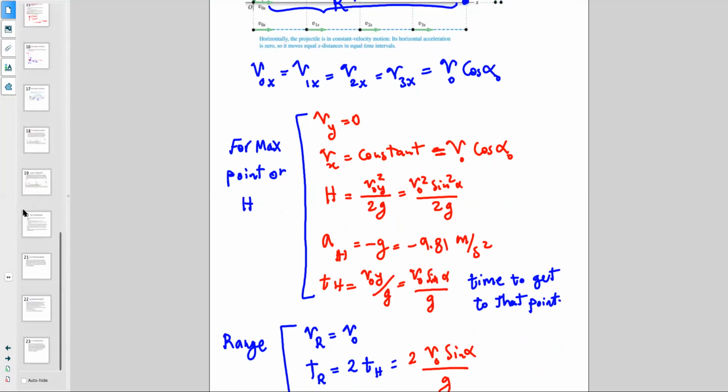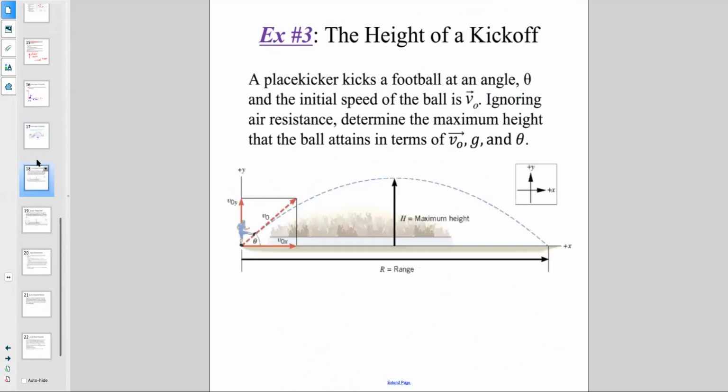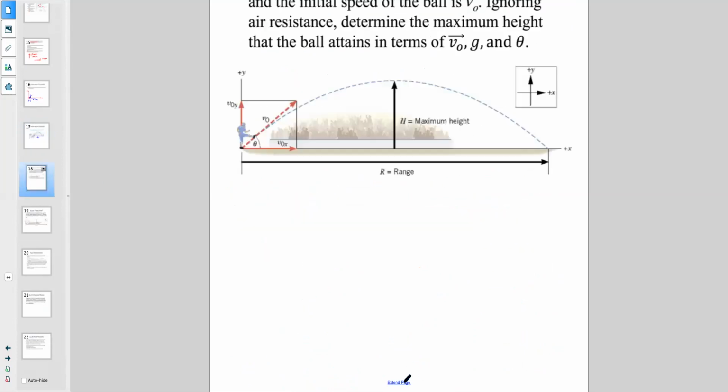In other words, this is just a time-independent formula. So delta y is what we're looking for. We want to see how far it's traveling from 0 all the way to that height, or h. That's what we're dealing with.